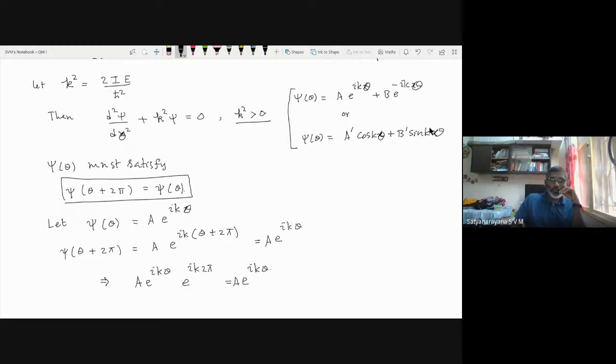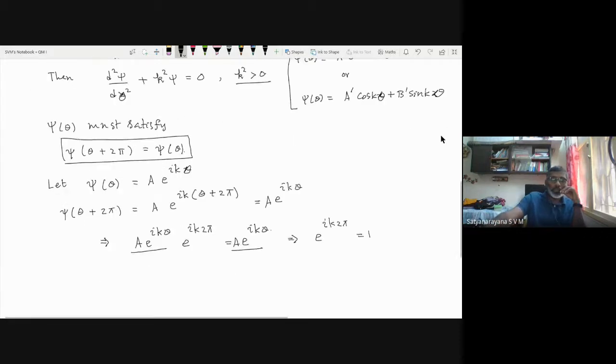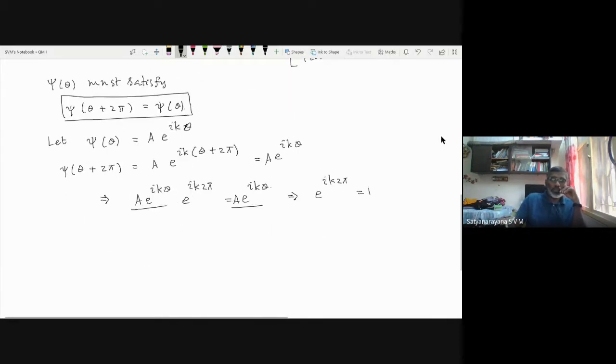Now you can see a e power ik theta is here, a e power ik theta is here. This implies that e to the power ik 2 pi should be 1. Now you ask a question when this will be 1. So this implies your k has to be an integer.